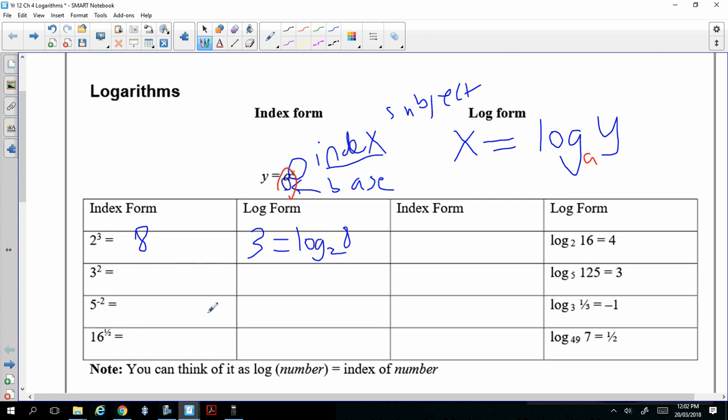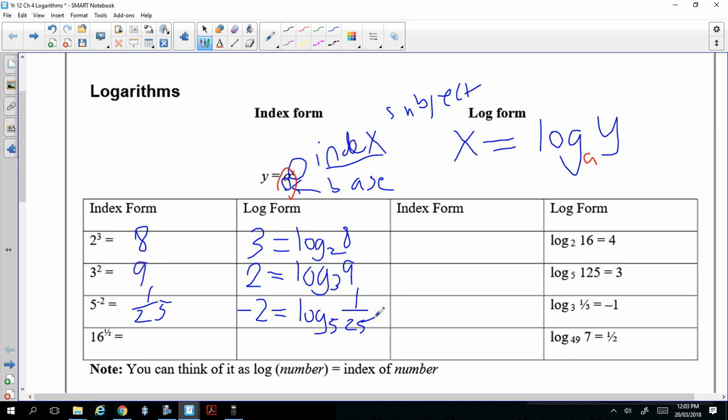Now, what's 3 squared? 3 squared is 9. So you write 2 equals log of 9 base 3. Next one, 5 to the power negative 2 is 1 over 25. So we make the index the subject: negative 2 equals log base 5 of 1 over 25.